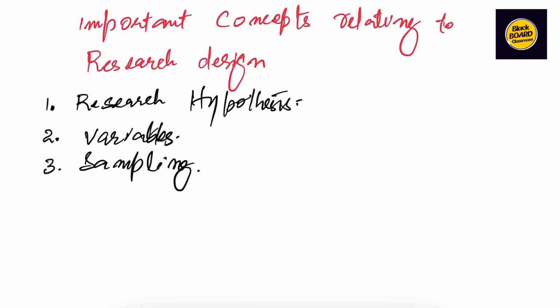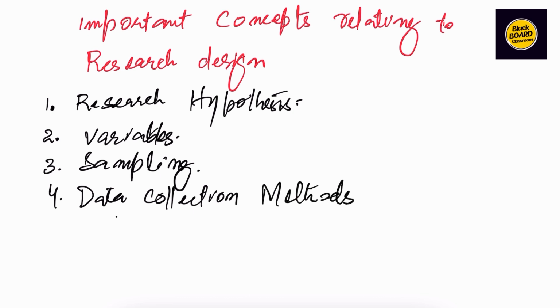Then after sampling, we have another important concept, which is data collection methods. These are techniques and tools used to gather data, which can include surveys, interviews, experiments, and observations. While collecting data for your research, you must understand the importance of these techniques.